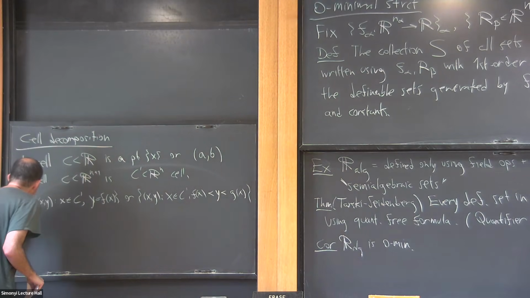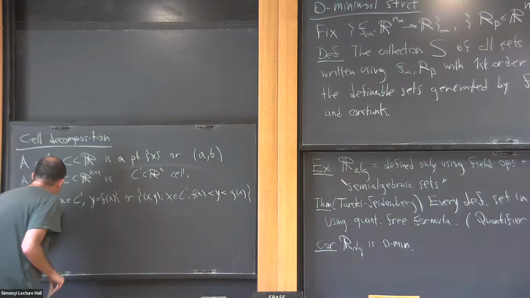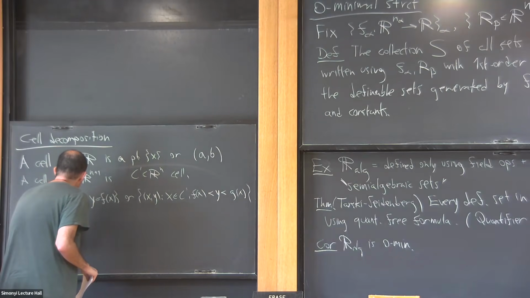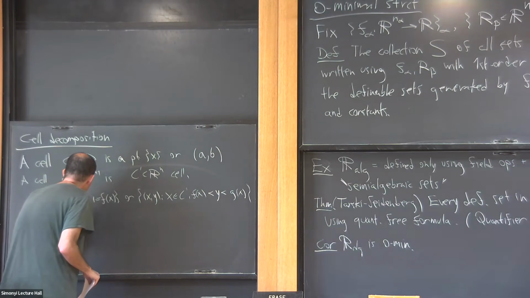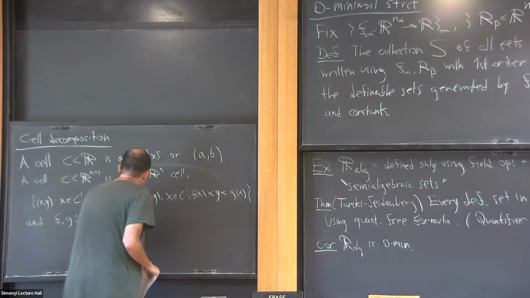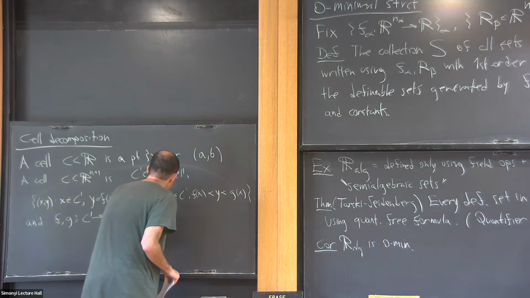And these functions, f and g, are continuous definable functions on C prime.